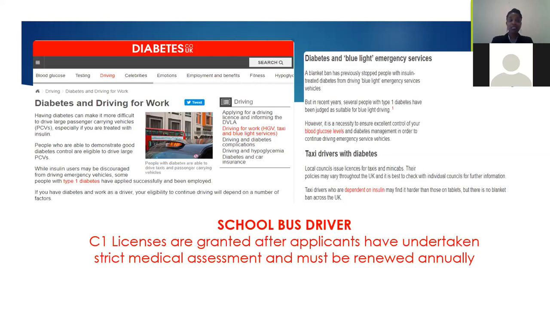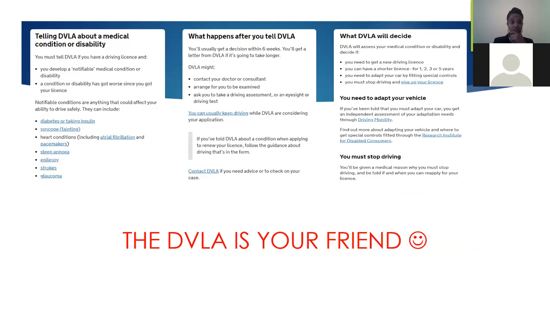The thing is, people who drive commercial vehicles are in a different category if they have diseases that are reportable to the DVLA. So even before we talk about that, let's talk about this. There are notifiable conditions that have to be told to the DVLA about medical conditions or disabilities.